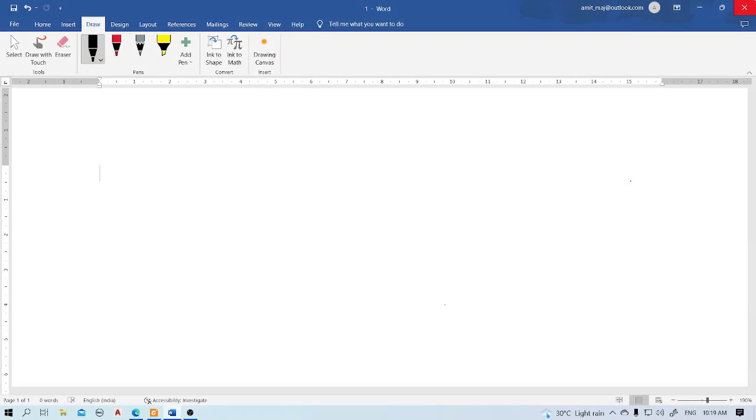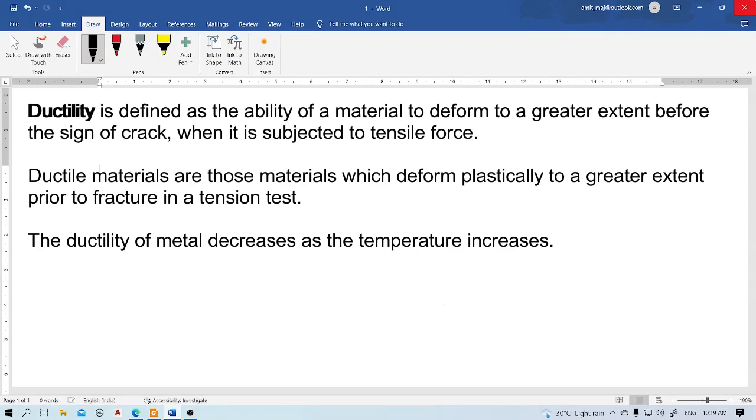Now I am moving to the next property, that is ductility. It is defined as the ability of a material to deform to a greater extent before the sign of crack when it is subjected to tensile force. Remember, the previous property is malleability and this property is ductility.